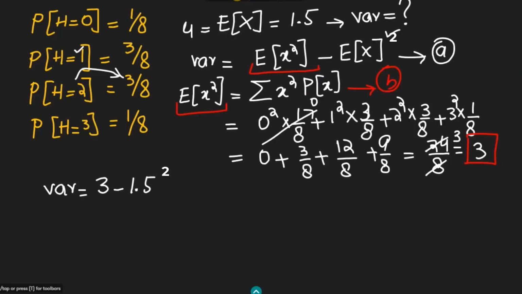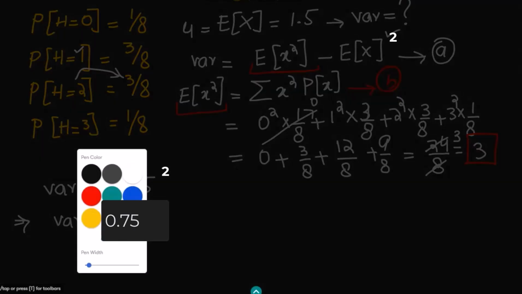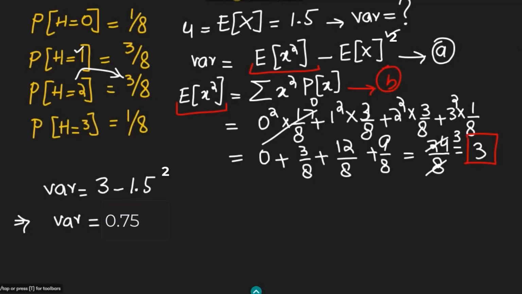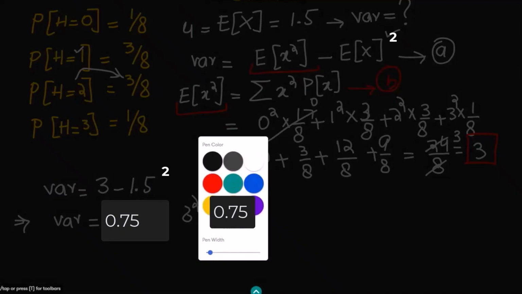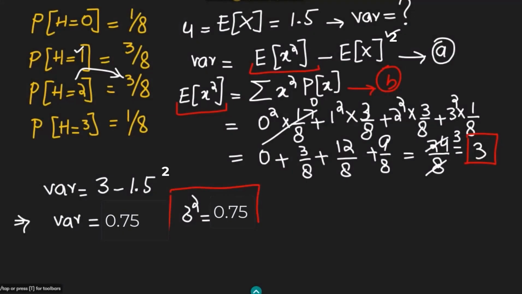So the variance will be 3 minus 1.5, which is 1.5. That is sigma square, and it is 1.5. So that is the answer to our question.